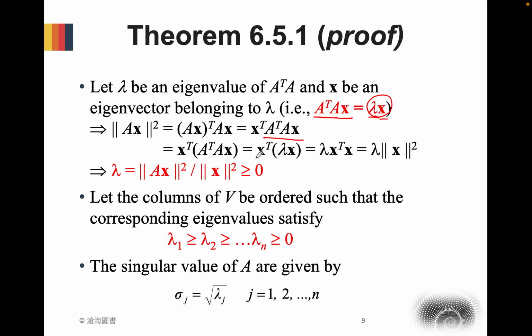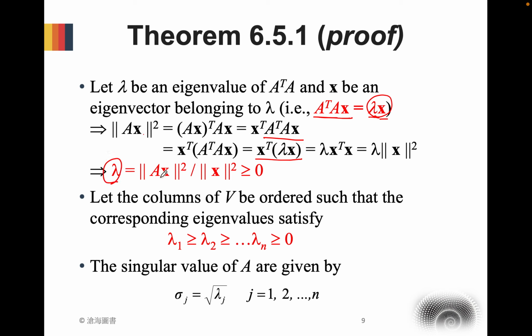So we can rewrite it as x transpose lambda x, which is equal to lambda x transpose x. And it's equal to lambda times the square of the norm of x, right? So what is lambda?